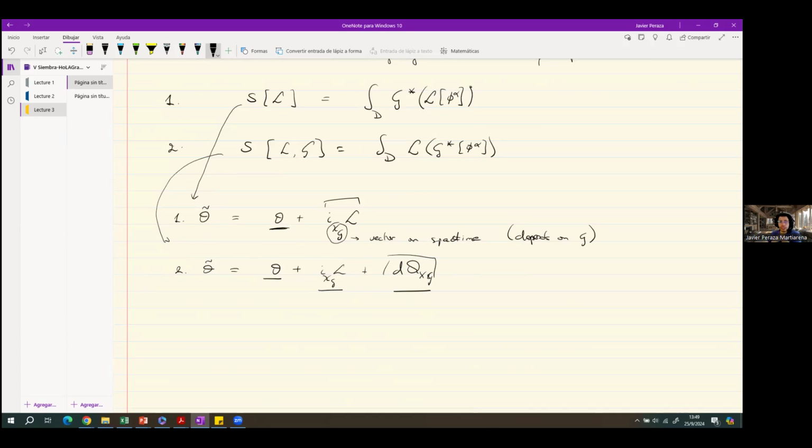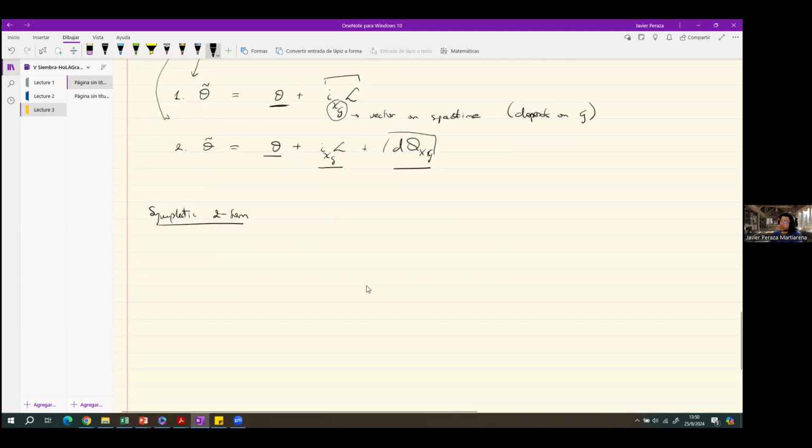And so one can compute, of course, once you have the symplectic potential, the symplectic two-form, and this was done, for example, for the case of gravity in the papers of Laurent.